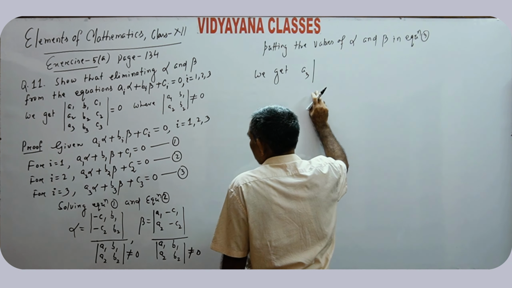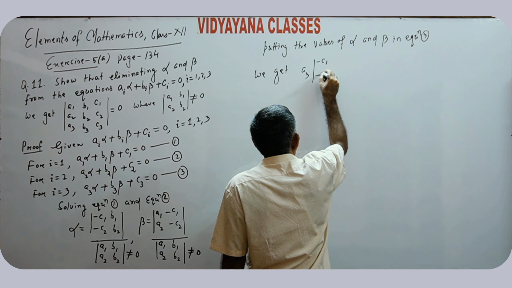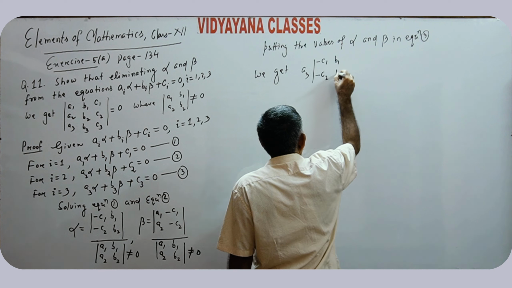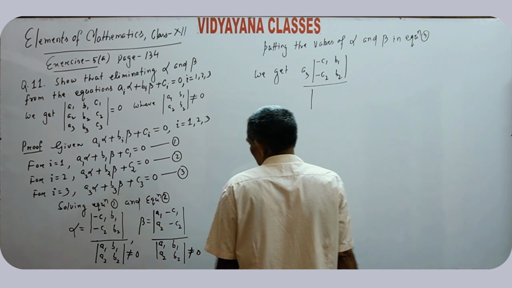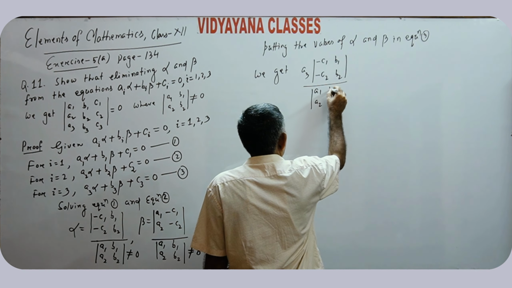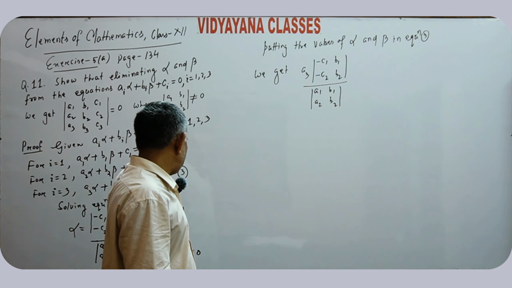Alpha means determinant having elements C1 minus C1 minus C2 B1 B2, whole divided by determinant A1 A2 B1 B2. It is not equal to 0.